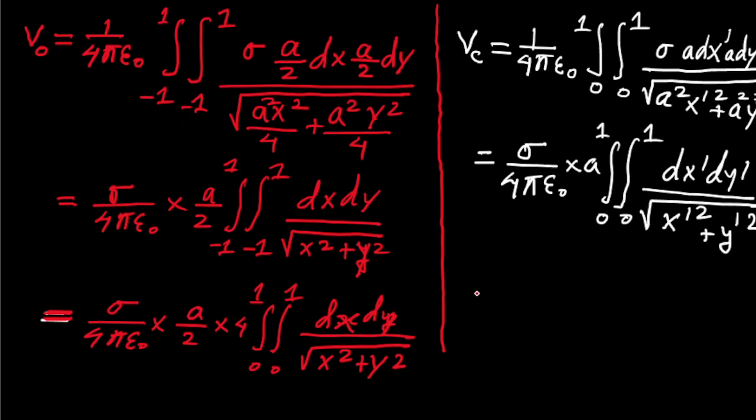Now if we take the ratio V0 divided by Vc, these two integrations cancel out each other, sigma by 4 pi epsilon naught cancels out, and a cancels out as well. So only one factor remains, and that is 2. That will be your answer: the ratio V0 by Vc is 2. So the correct answer is option A.